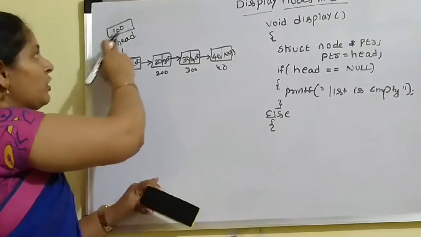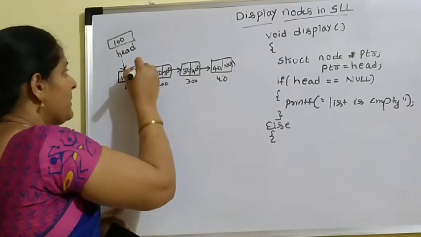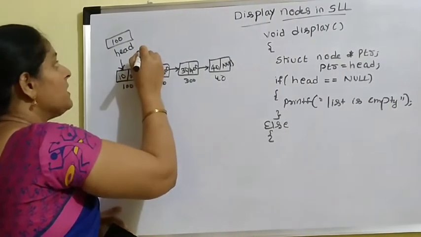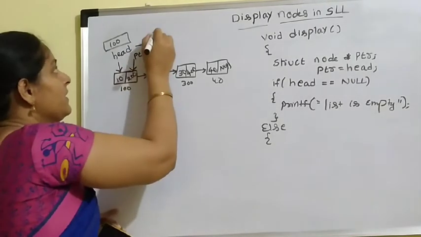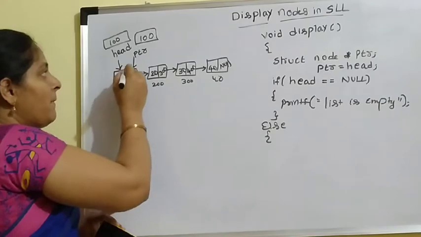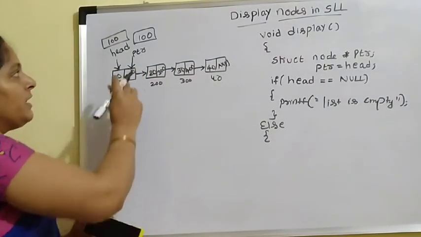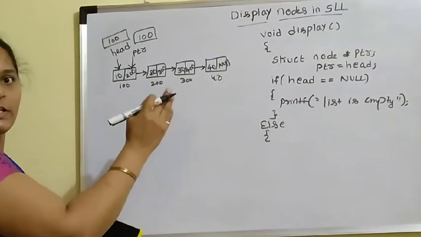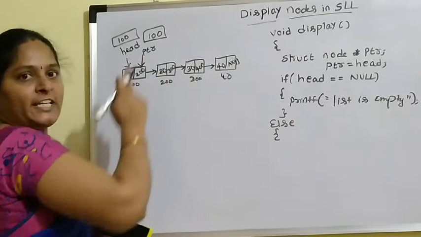That is the reason why we should not move the head pointer. So take one extra pointer, initialize that pointer with the first address, then visit that node, print that node value, then move to the next position. Here what are the values we need to print? We need to print the data of the nodes, that is 10, 20, 30 and 40.